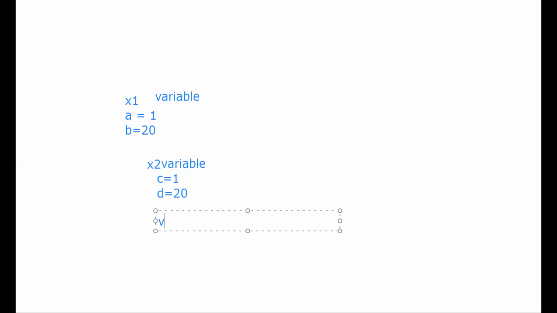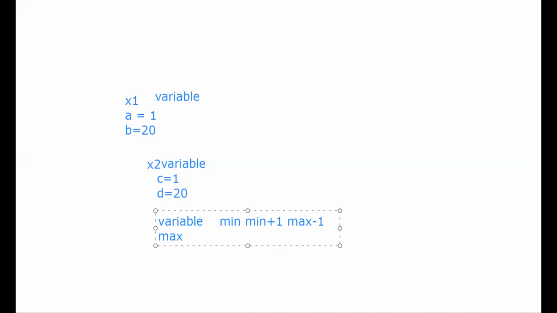First is the variable, the next value is minimum, minimum plus, then minus, we'll just go with plus 1 and minus 1 for our better understanding, and max. Just stretch this.